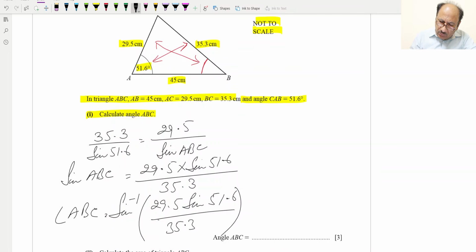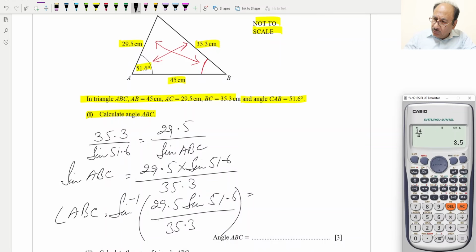And bracket close, and this will be equal to shift sine of the fraction 29.5 sine of 51.6 divided by 35.3, and bracket will be closed, and this is equal to 40.9.